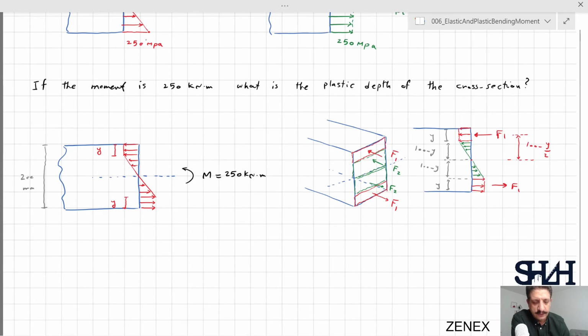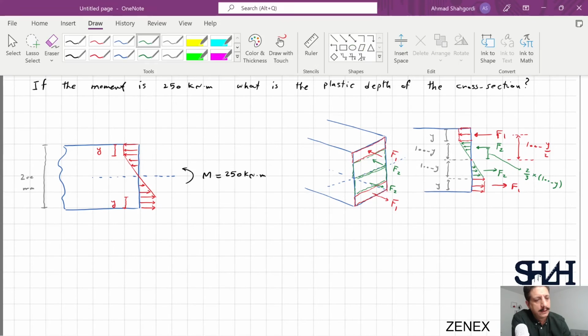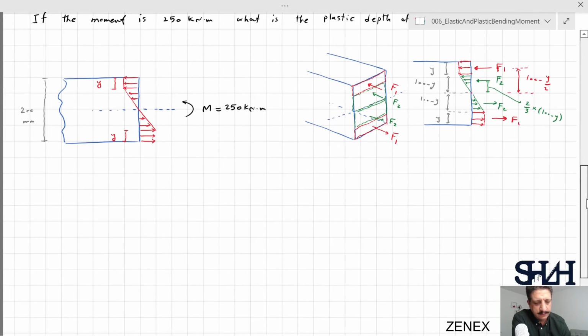F2, on the other hand, is applied as far as the distribution is a triangle. It is at a distance of 2/3 times 100 minus y. Now the only thing that we need to calculate is F1 and F2.